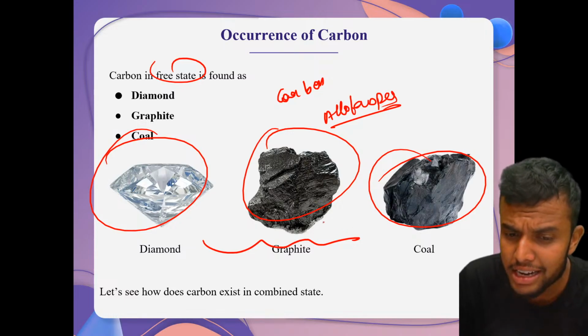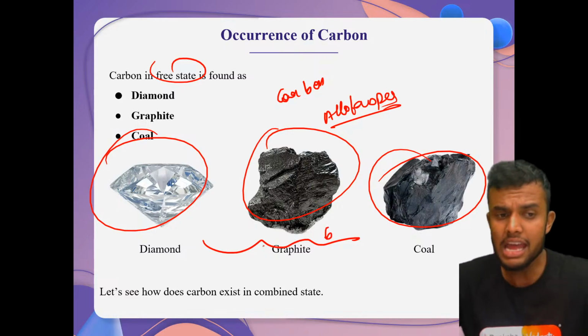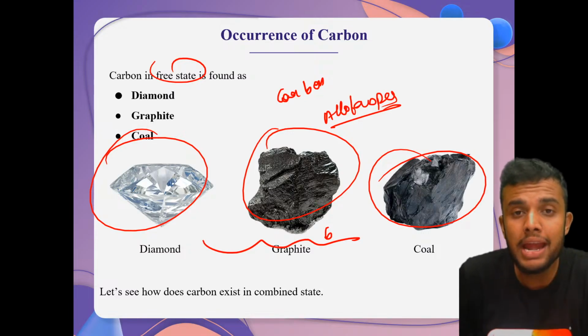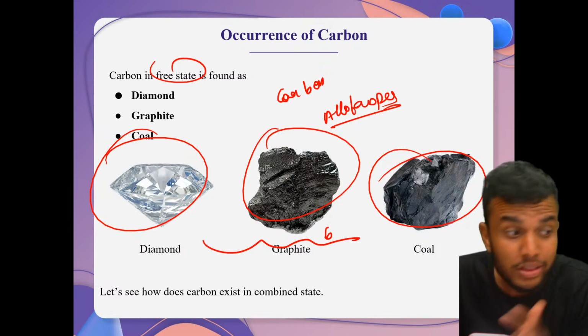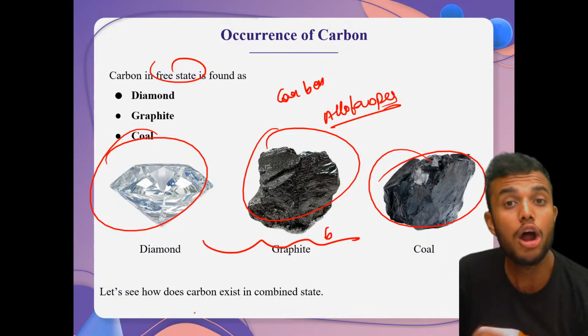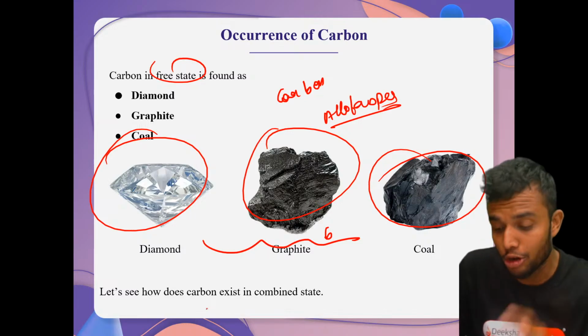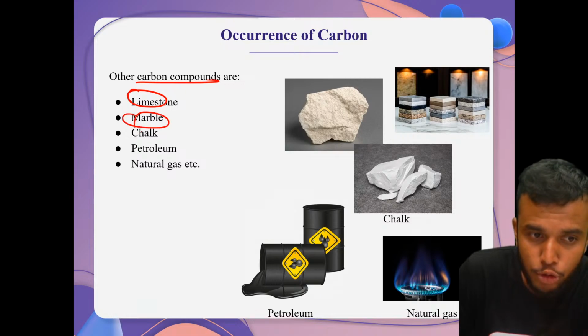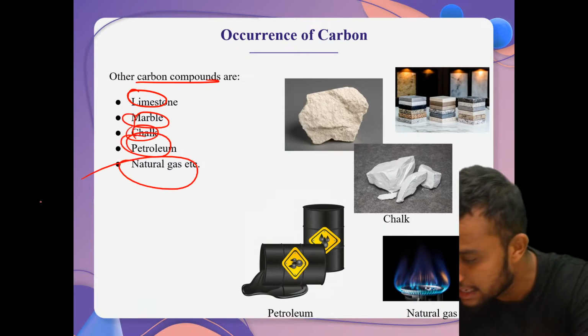But graphite looks black. Here, the physical property is different, but the chemical property is the same. Carbon obtained in different physical states with different physical properties, different shape, different color, is called allotropes. Other compounds are limestone, marble, chalk, petroleum, natural gas, etc.